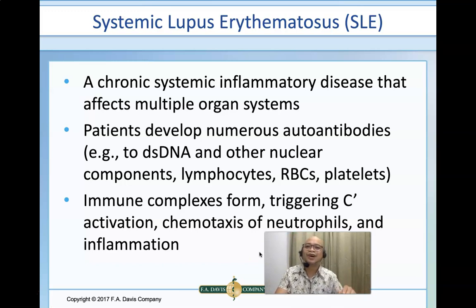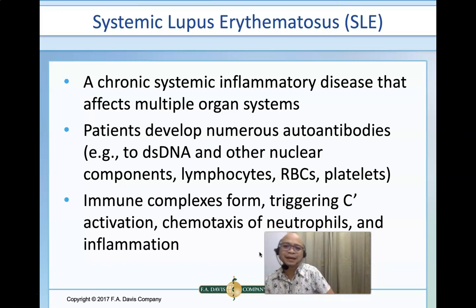an example of a chronic systemic inflammatory disease that may affect multiple organ systems, and the most common organ affected herein is our kidneys. President Marcos actually died from SLE.